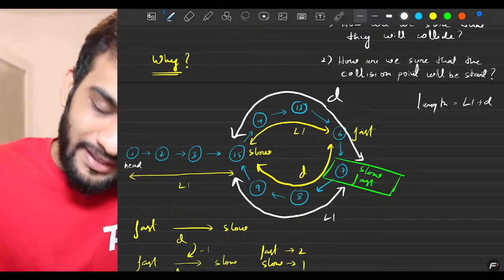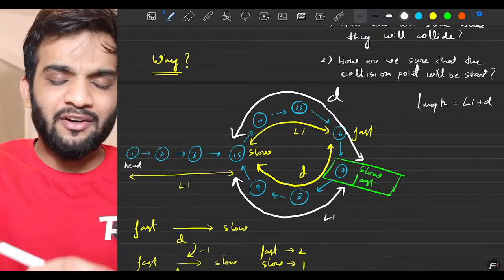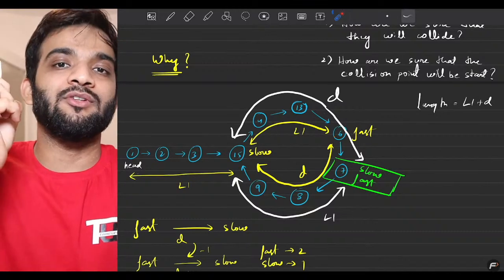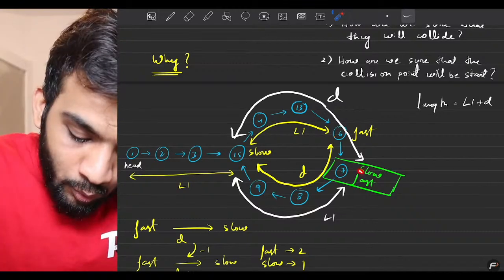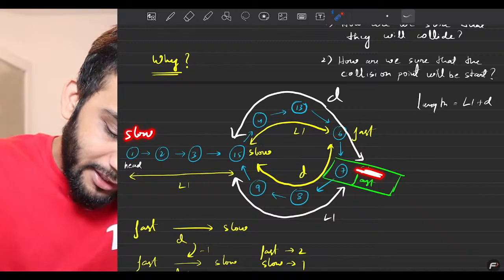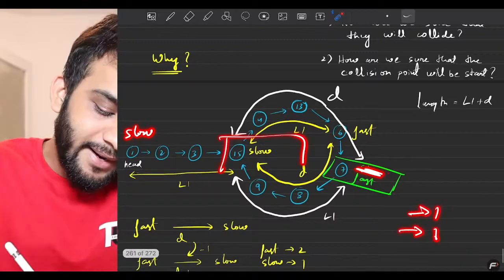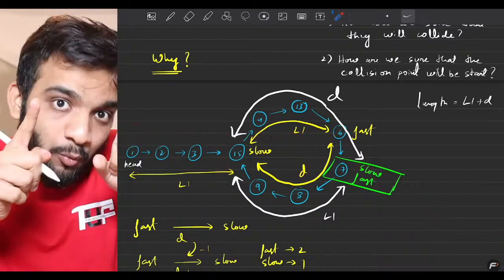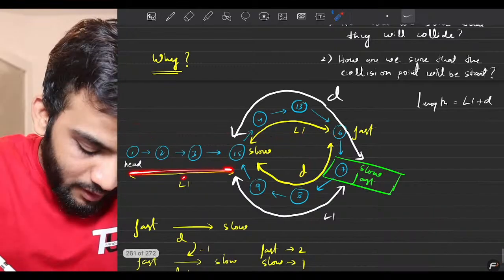Now tell me one thing. I've written down all the distances. You have understood the distances. What was the step 2 of the algorithm? The step 2 was we took slow over here and then we moved both by 1. And eventually they collided here. Why? Because we are moving them by 1, 1, 1. This is L1.